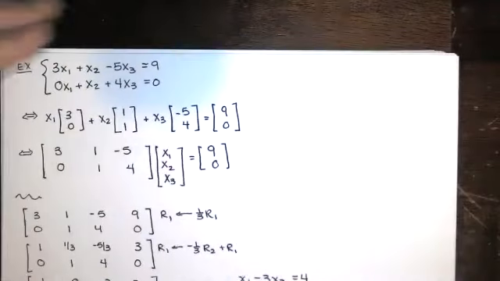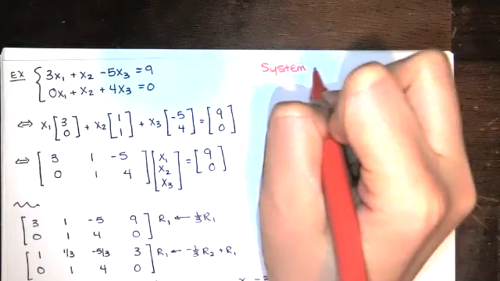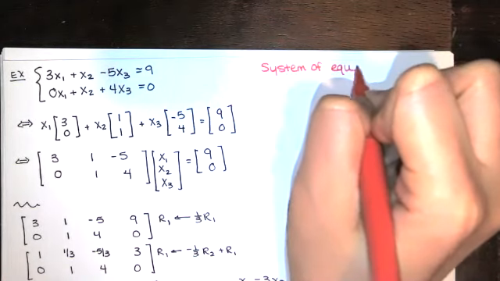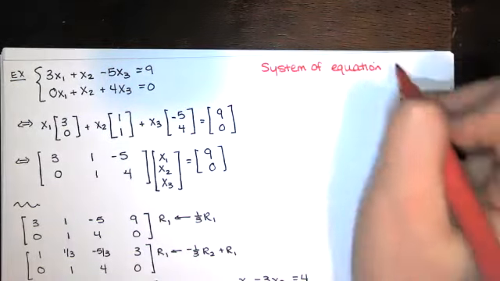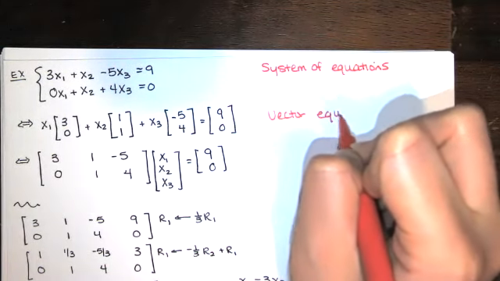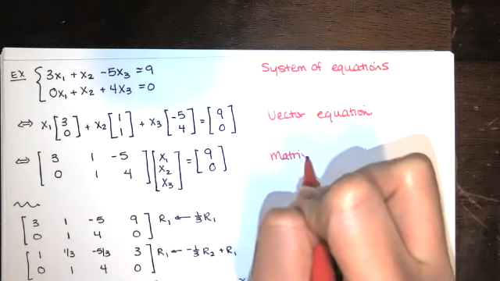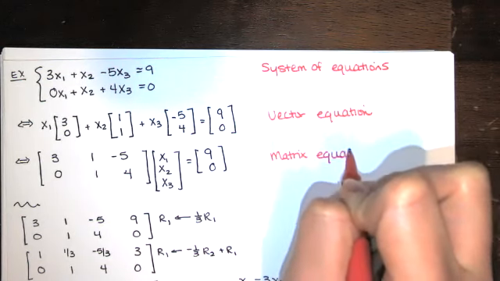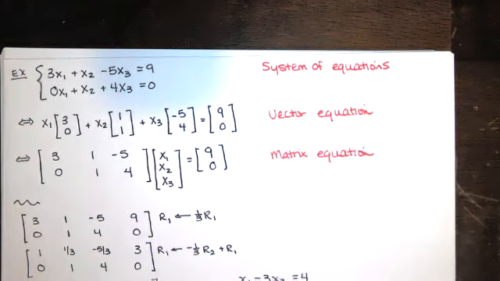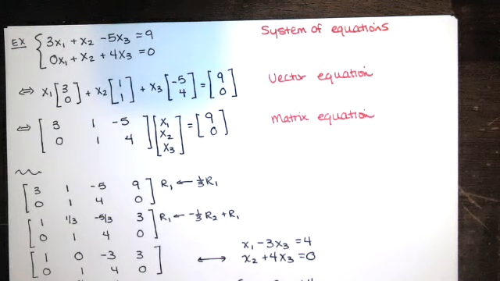So the system of equations and the vector equation and the matrix equation all have the same solution, and we just found it.